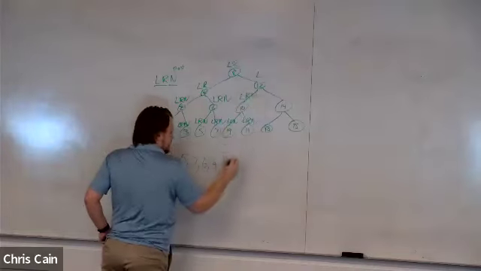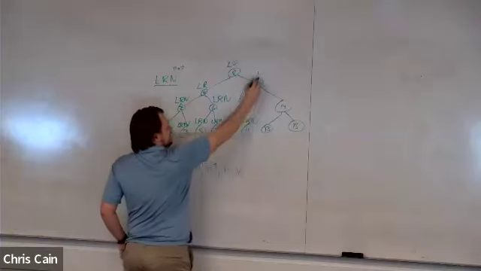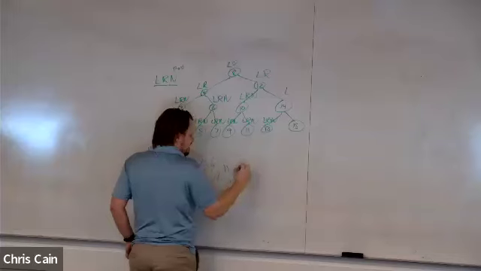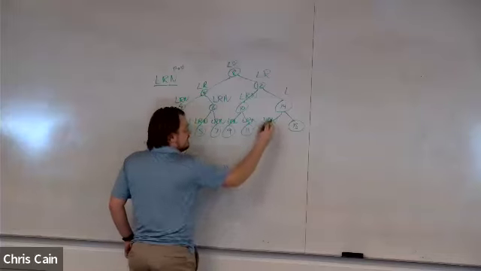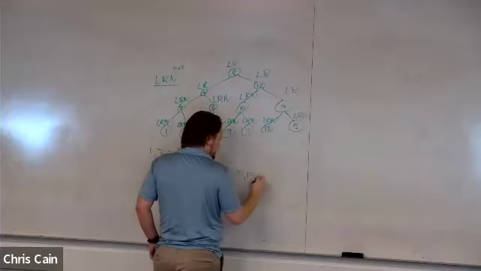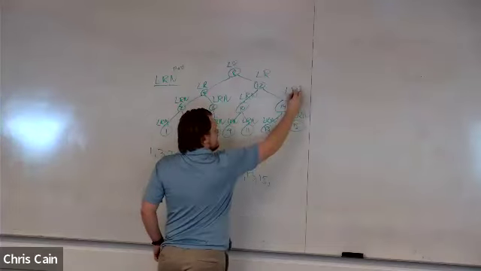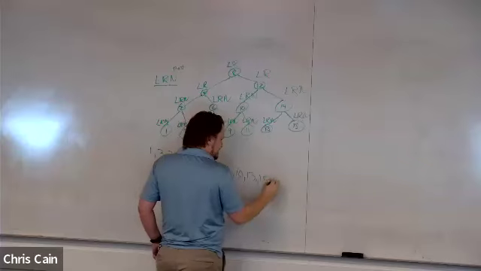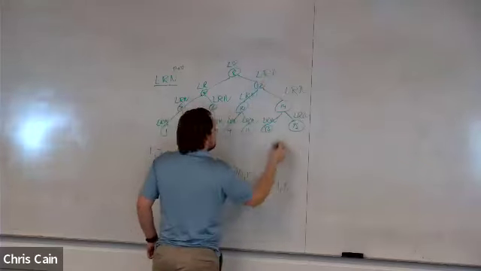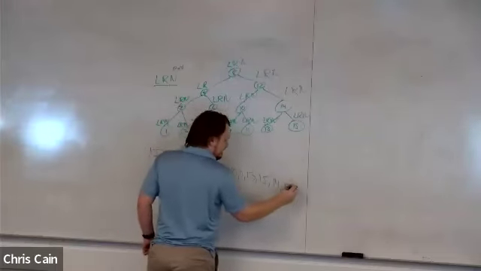Come back, do the N. Come back, do the R, do the L, R, N. R, L, R, N. Come back, do the N. Come back, do the N. Come back, do the N.